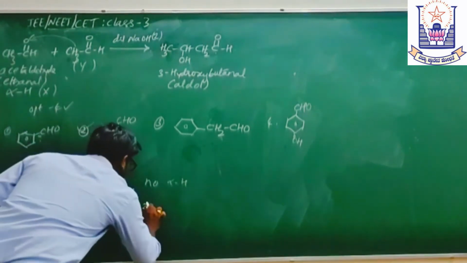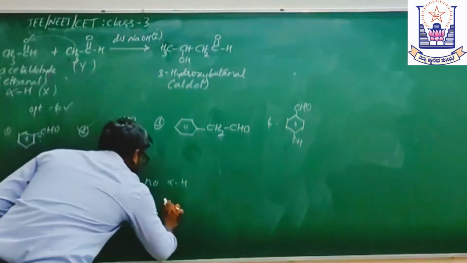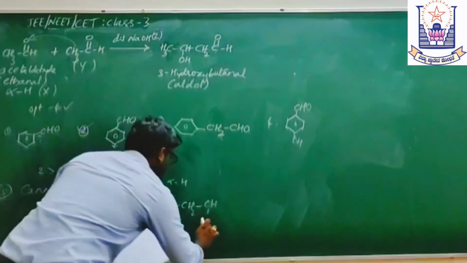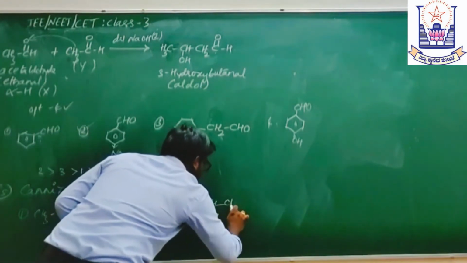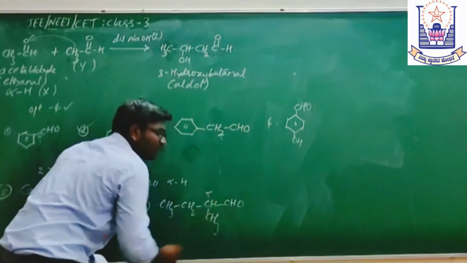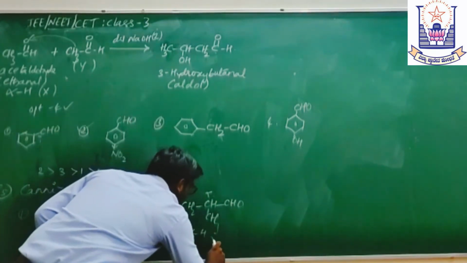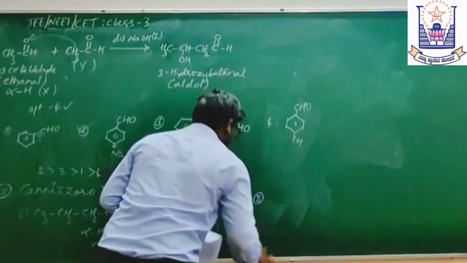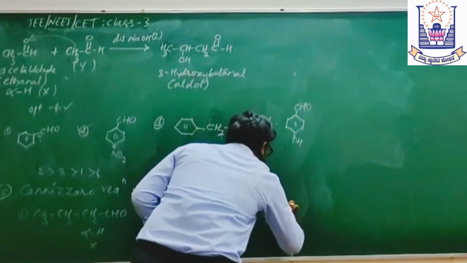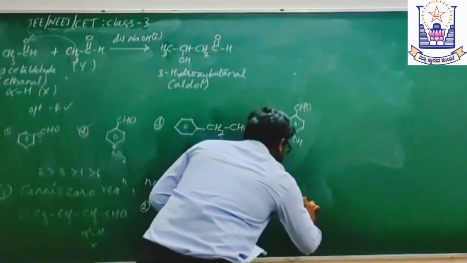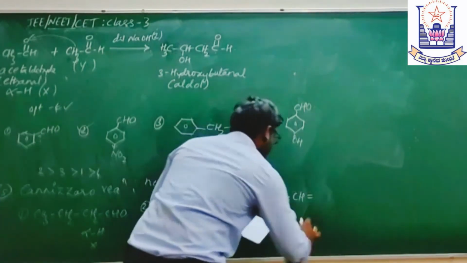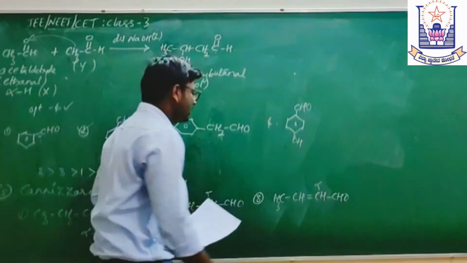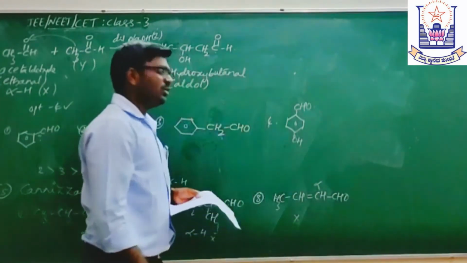Go for option 2, that is CH3CH2CH(CH3)CHO. Here this is the alpha carbon having alpha hydrogen, therefore it cannot undergo the Cannizzaro reaction. Come to option 3, we have CH3CH=CHCHO. This alpha hydrogen is there, therefore it cannot undergo the Cannizzaro reaction.